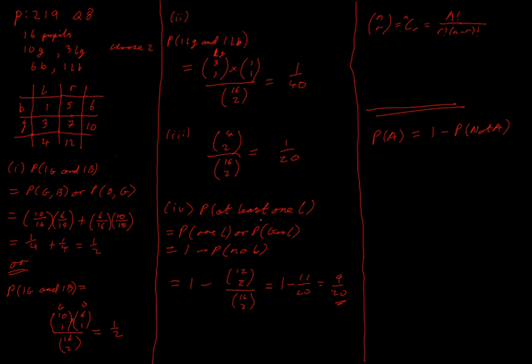So make sure that you have this burned into your mind, that probability of at least 1, well, what's the opposite of getting at least 1 of something? It would be not getting any of it. So probability of A is equal to 1 minus the probability of not A, the opposite. And those are all of the skills we need for now.